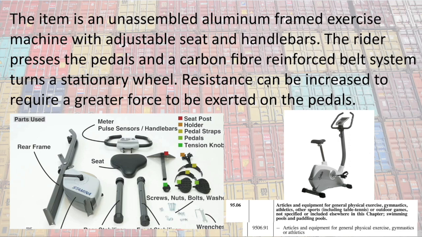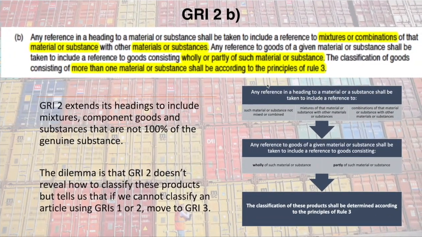Let's see now the second part of this rule, letter B. Rule 2, letter B says, any reference to a material in a given heading shall be taken to include that material, even mixed or associated with other materials.